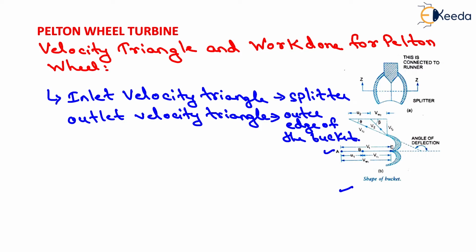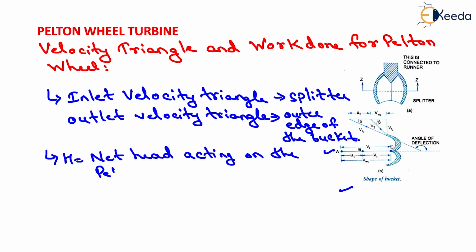Let H be the net head acting on the Pelton wheel. Therefore, we write it as Hg minus Hf, that is the gross head minus the head loss due to friction. So this will be the value of net head.